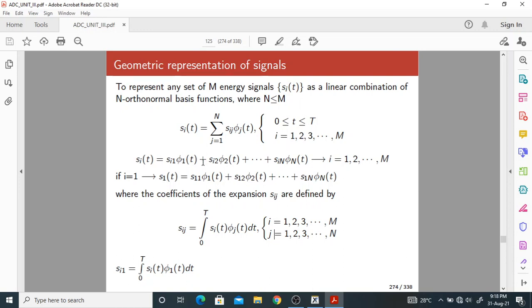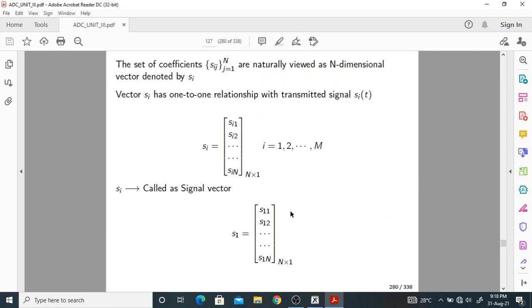Si1 phi1 of t plus Si2 phi2 of t, so on, Sin phi n of t. It is from this expression only. If you expand this summation, what do you get? Si of t equal to, j varies from 1 to n, Si1 phi1 of t plus Si2 phi2 of t, so on, Sin phi n of t, i varies from 1 to m. So same thing I have written here.